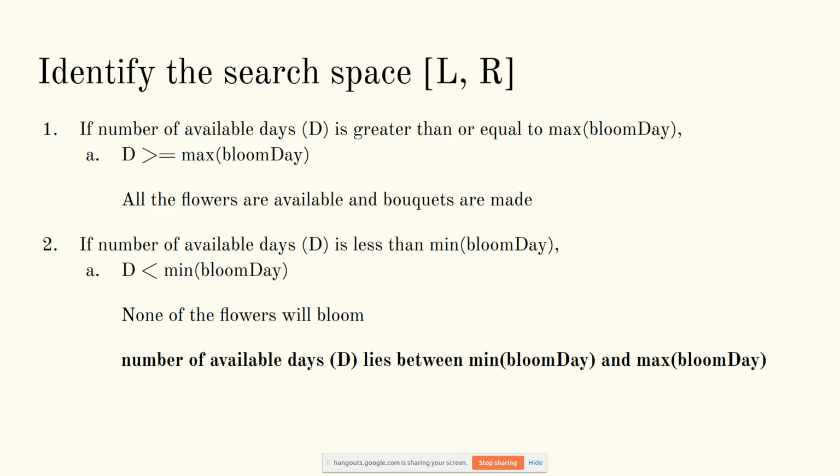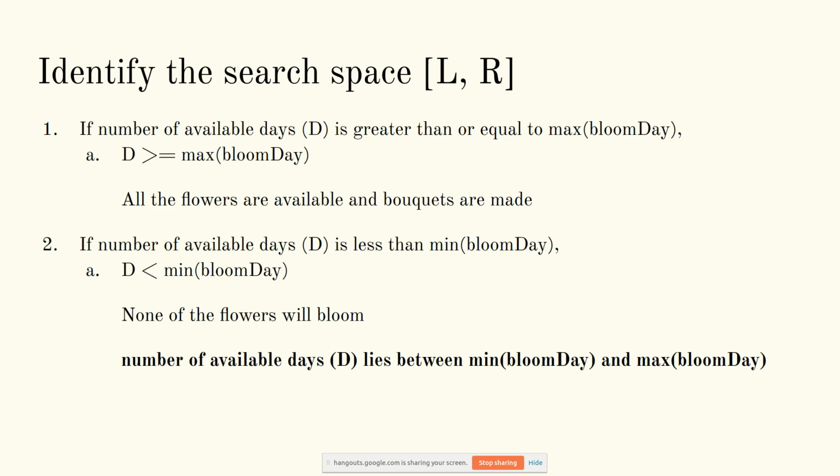So the first step is identification of the search space. So we look at two extremes. What is the first extreme? The first extreme is we have enough days available at our disposal such that all the flowers are available, and given our assumption, we can say that all the bouquets can be made.